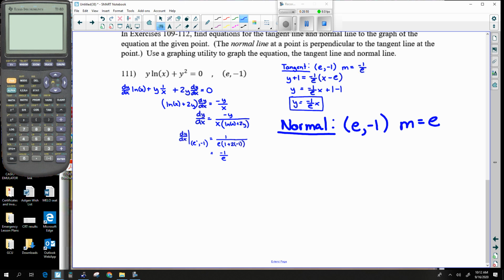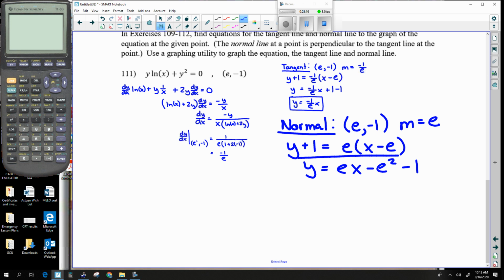Thus, the equation now is y minus y1, so that's plus 1, is equal to m times x minus x1. So this is ex minus e squared minus 1. And there's your equation of the normal line.